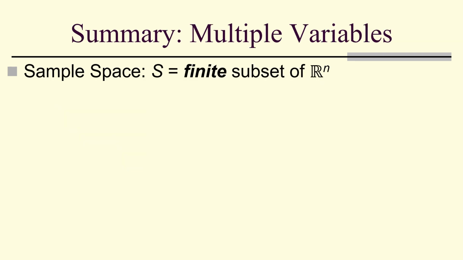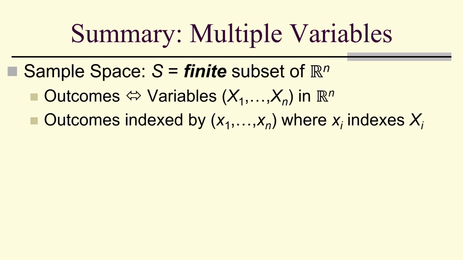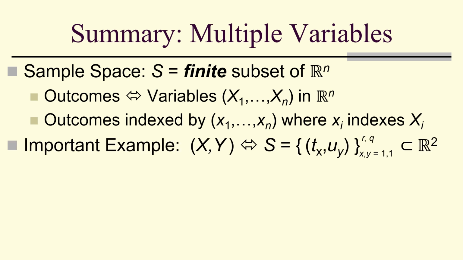So in summary, if we have multiple variables, we're looking at a finite subset of Rn. Outcomes are associated with variables, capital X1 to capital Xn in Rn, indexed by lowercase x1 to xn, or samples, or they could be called trials.